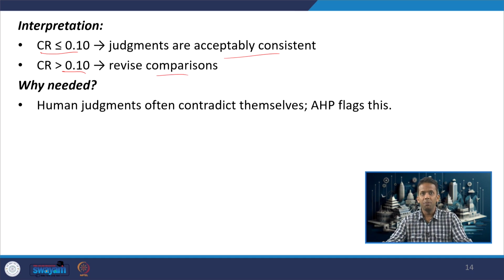And in AHP, sometimes it happens that when we collect data from surveys, the human judgments may contradict themselves. Take the example of A, B, C, comparing 3 parameters.